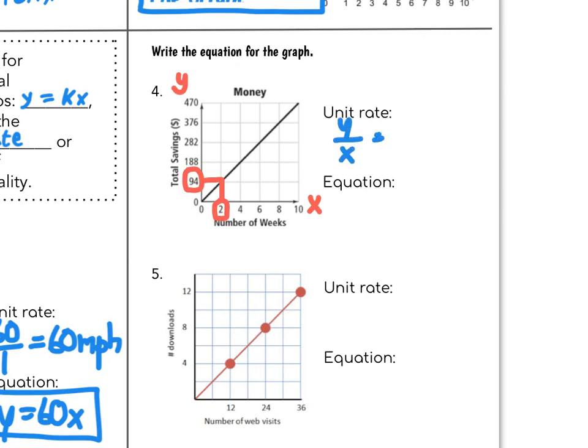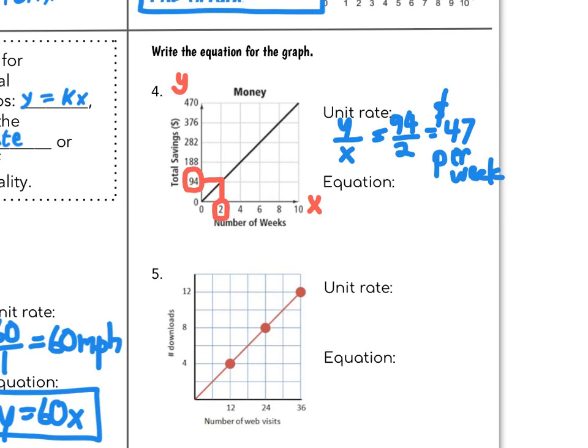So I'm going to have 94 over 2. Okay, 94 over 2. And then you can simplify that, and that's going to be 47. And so that's $47, let's abbreviate dollars, per week. Okay, that's how much savings each week. So $47 per week.